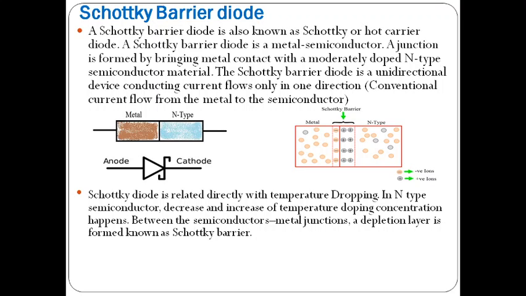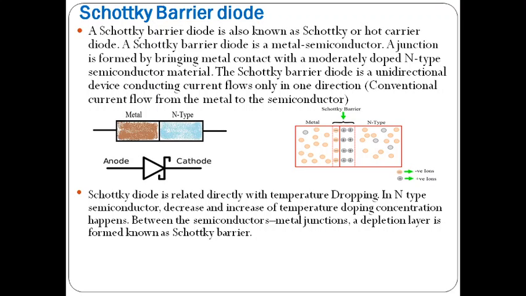So here we can observe the Schottky barrier diode symbol and its structure. Here the metal terminal is called anode and the n-type semiconductor terminal is called cathode.